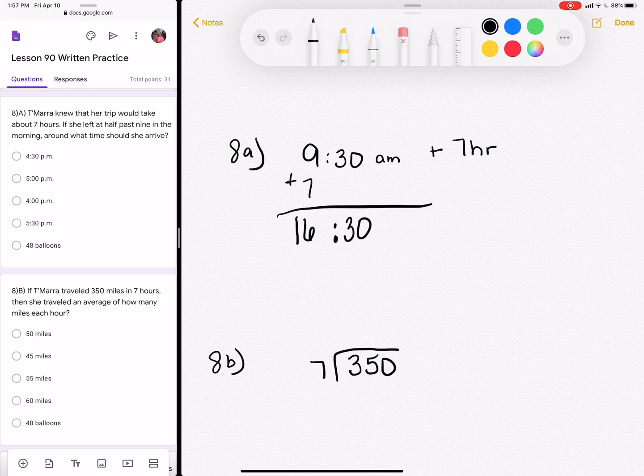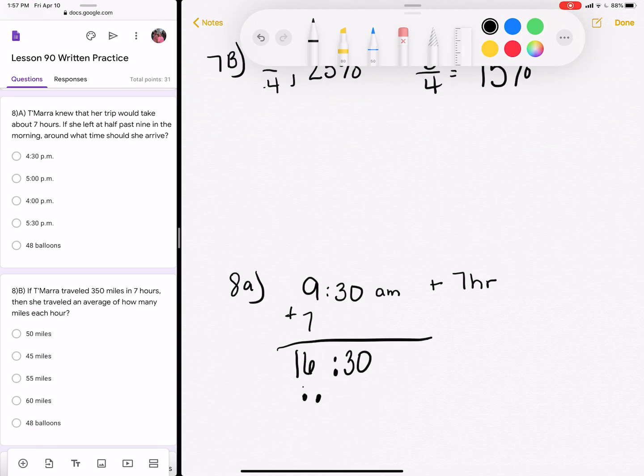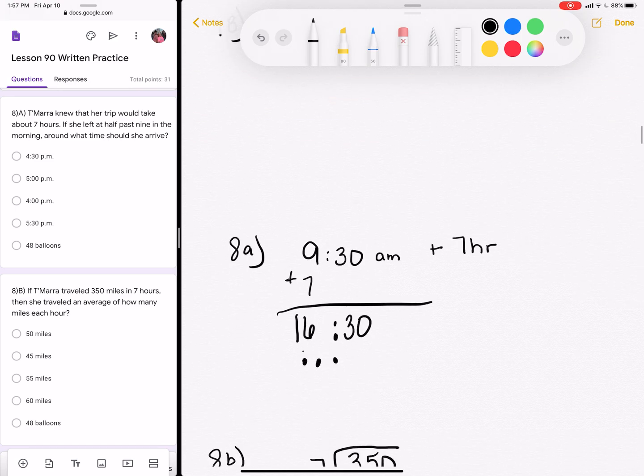Unless you're in the military, you don't look at the clock and see 16:30. So how many more hours is 16 than 12? So 12, 13, 14, 15, 16. So that would be 4:30, and it is now p.m. on number 8A.